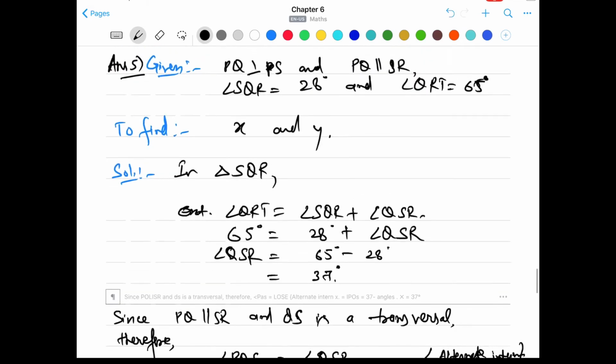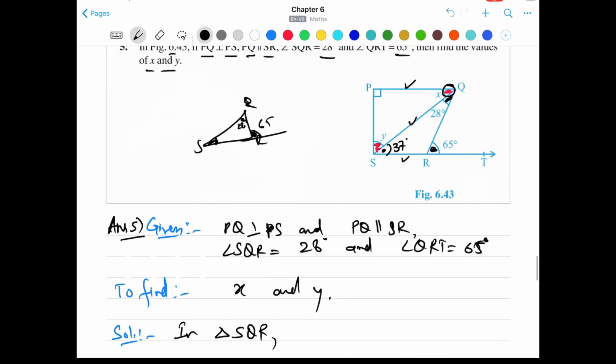37 degrees. Okay, now we can easily find the value of Y, because in triangle PQS we have this angle as 90 degrees and we got the value of this angle as 37 degrees.